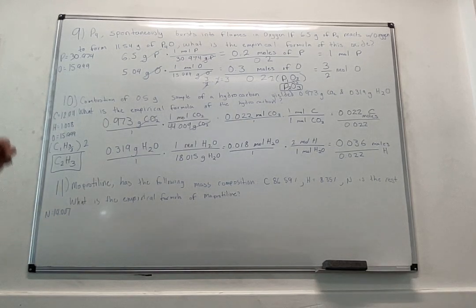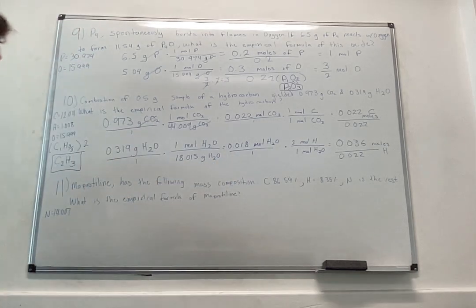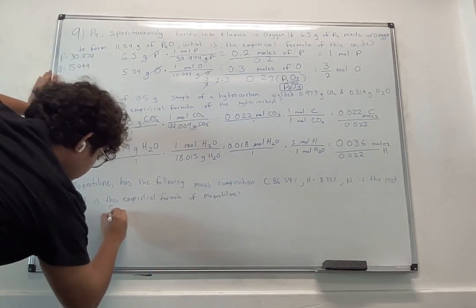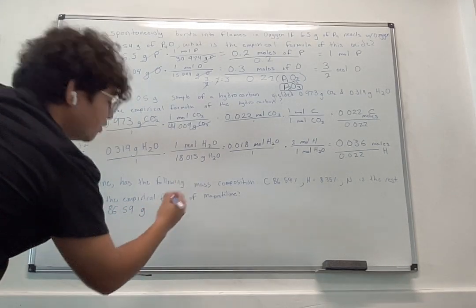So whenever you get a percentage, you would assume, just to make it simpler, that it's out of 100 grams. So these percentages are going to get treated like grams, like a weight. So 86.59 grams of carbon.